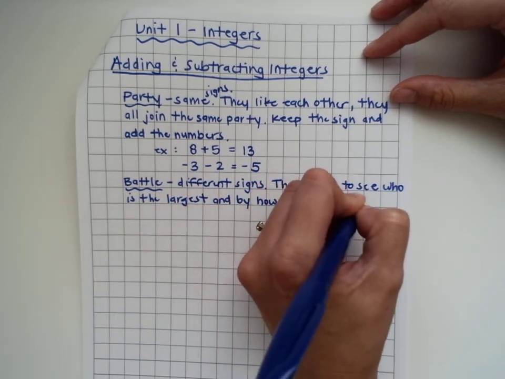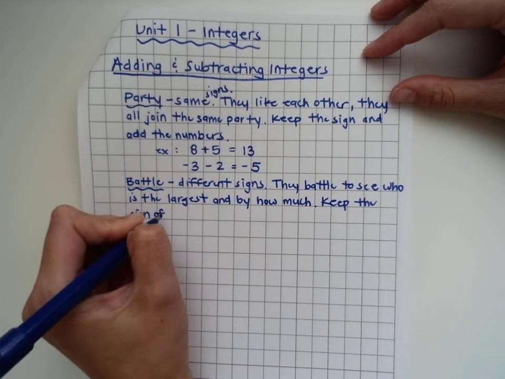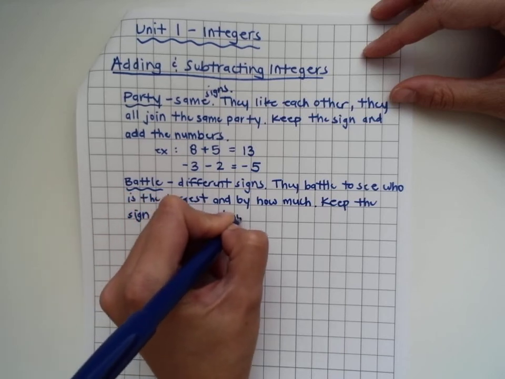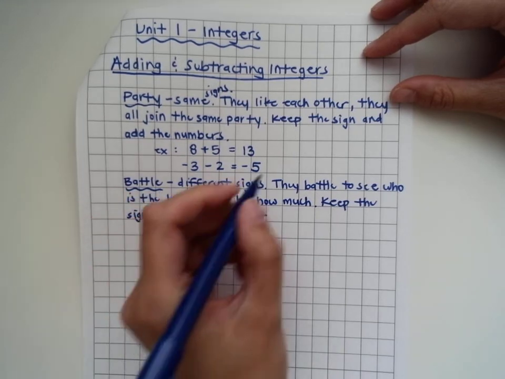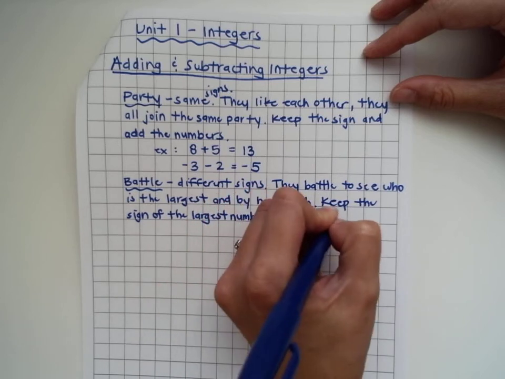You are going to keep the sign of the largest number and subtract the other number.